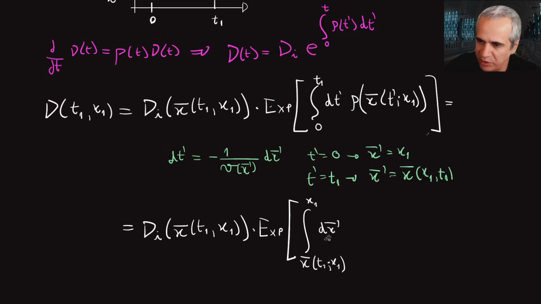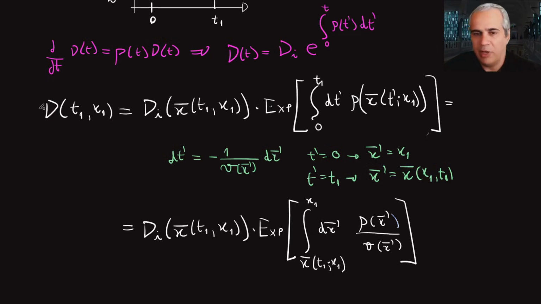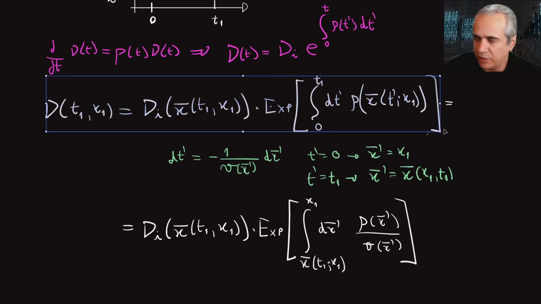You see why I'm putting the prime, because there's x bar here and x bar there. And this is just rho of x bar prime, which is prime because it's my integration variable, over v of x bar prime. So let me copy these solutions, because I can even simplify the notation a little bit.